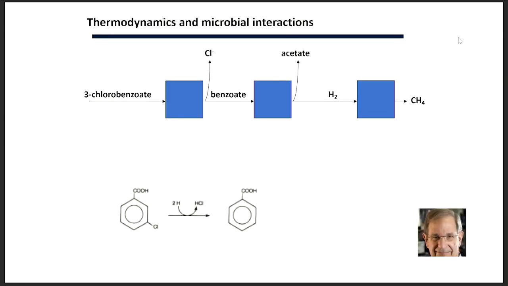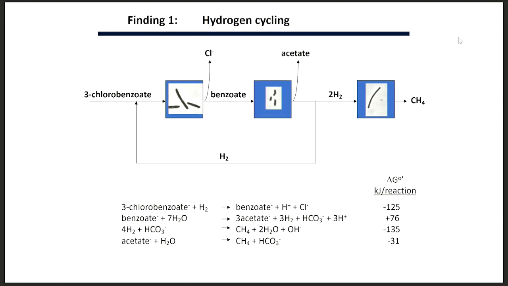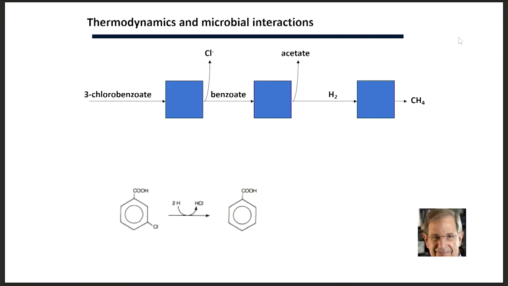Okay, now some examples. The one I'm most excited about, I think it's the best experiment I personally ever did. It's not the best experiment in the world, of course, but after my PhD, I did a postdoc at Michigan State with Jim Tiedje. And we worked on anaerobic conversion of 3-chlorobenzoate.